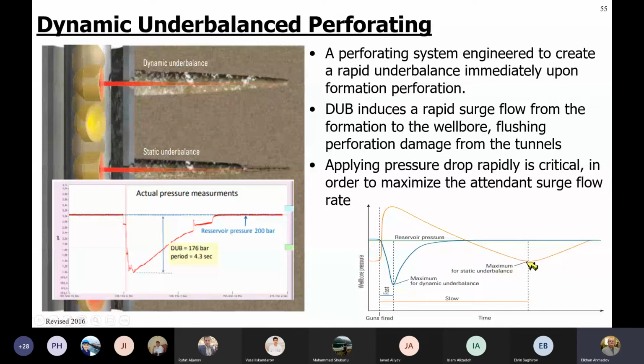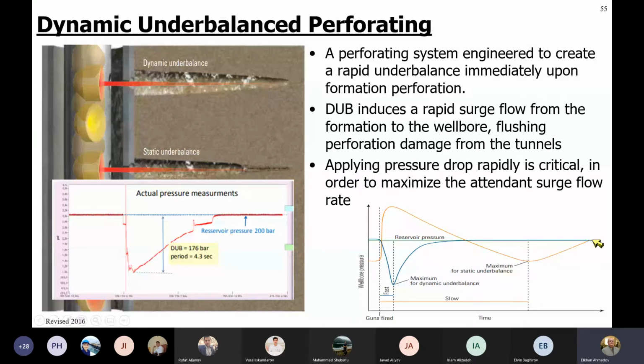Do you understand that? Yeah. Because it is a stable, static underbalance, there is nothing changing. The reservoir fluid is going into the wellbore, which is heavier than the fluid in the wellbore.